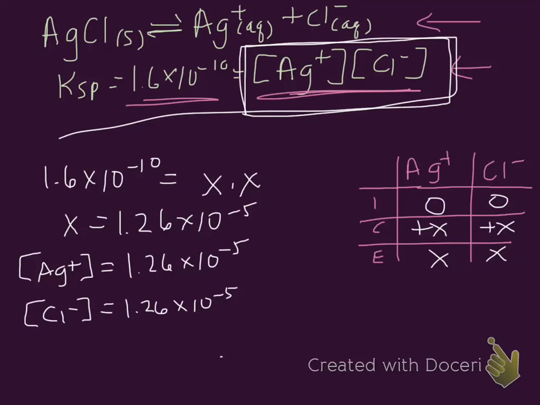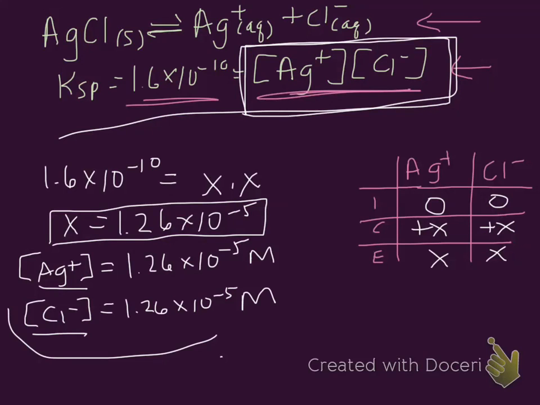So when you plug this in, you take the square root of 1.6 times 10 to the negative 10, and you get x is equal to 1.26 times 10 to the negative 5. This will give you the molarity of the Ag+ and the Cl-. Since it's a 1-to-1 ratio, they'll be the same. And so that would be your final answer.